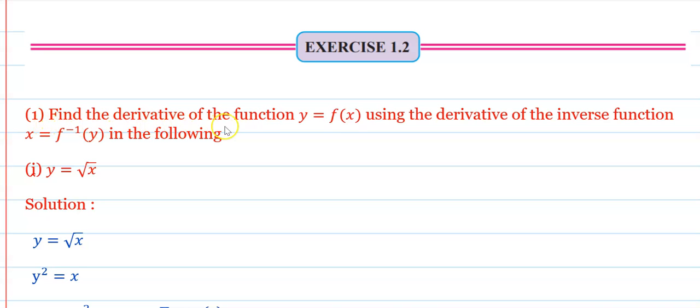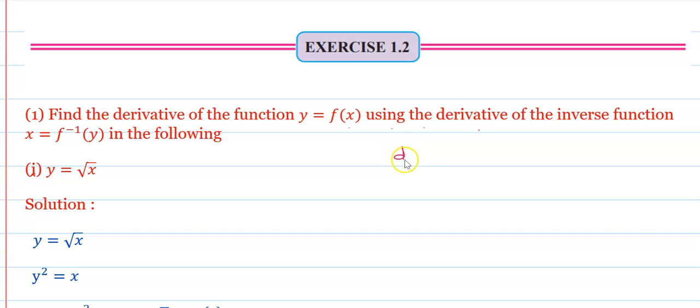Find the derivative of the function y is equals to f of x using the derivative of the inverse function x is equals to f inverse of y in the following. Okay, we want to find out the derivative of the function y is equals to f of x.